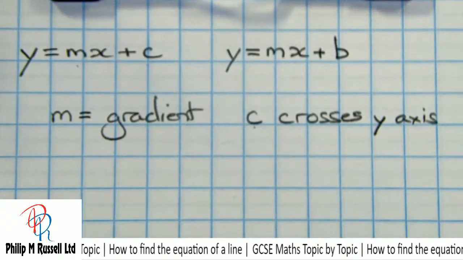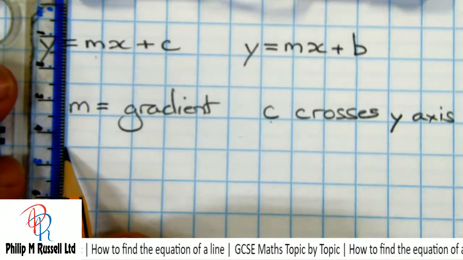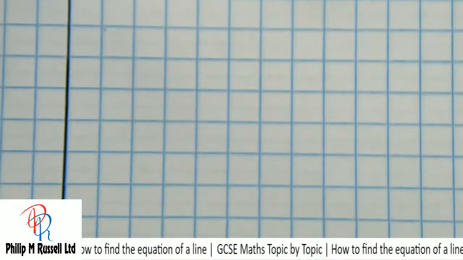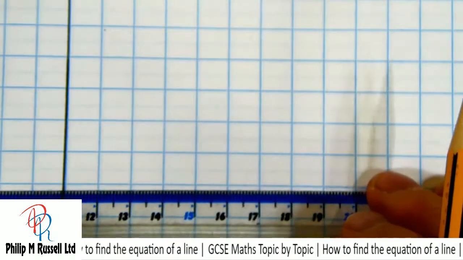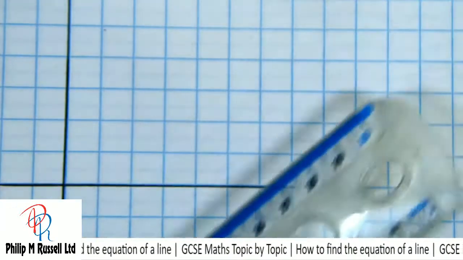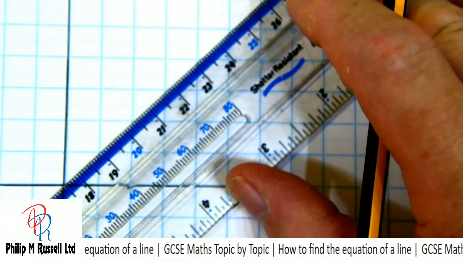Okay, let's look at a graph, and what I'm going to do here is draw in a simple graph. Now I'm doing this on squared paper so you can see, and let's just put in a little line here.